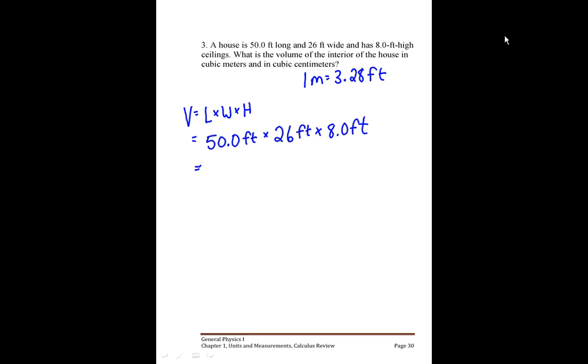Actually, let's see, I think I get like 10,400 or something. Yeah, I get 10,400 cubic feet, but I want to keep the lowest number of sig figs, so that's 2. So I'm going to keep just 10,000 cubic feet.